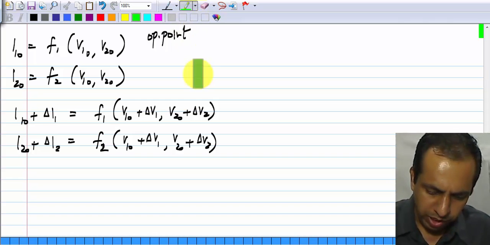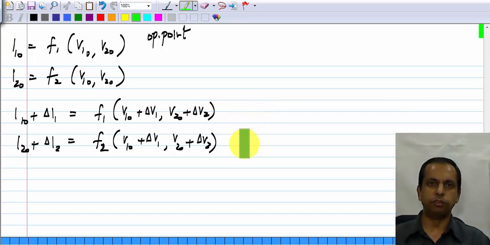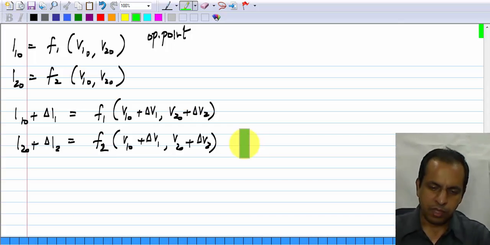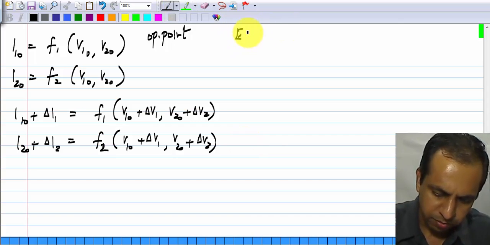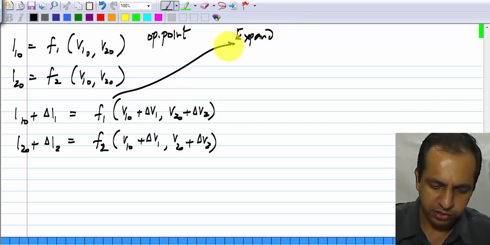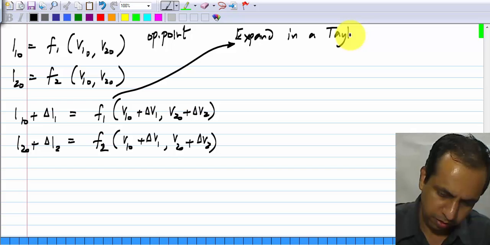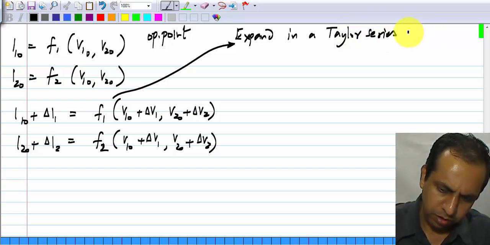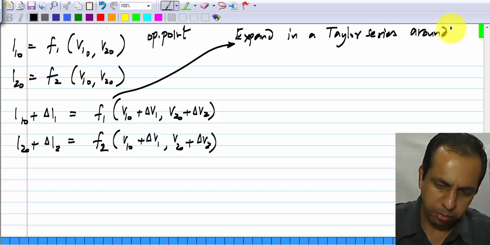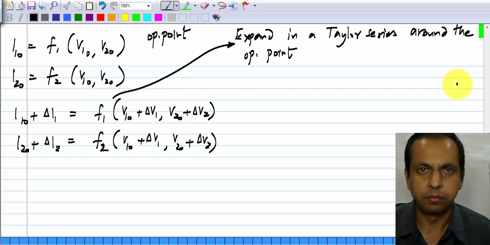Now, we will expand these relationships in a Taylor series. This will of course be a Taylor series of two variables, and they are very useful by their own right, but for us we do not need to go into too many details. So, all we need to know is that we expand, let us say I will take F1 as an example, the same holds for F2, in a Taylor series around or about the operating point.